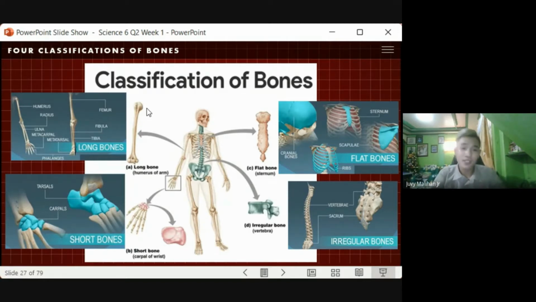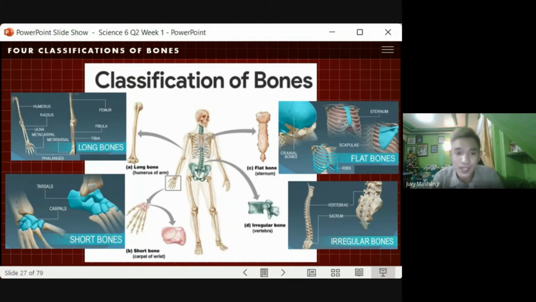Again, long bones can be found in our limbs like arms and legs. All right? Now, second, we have the short bones, and these include the tarsals and the carpals. Okay, so in other words, class, short bones can be found in our wrists and ankles. Okay? Now, third, we have the flat bones.